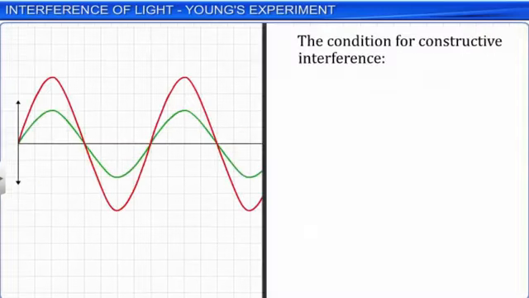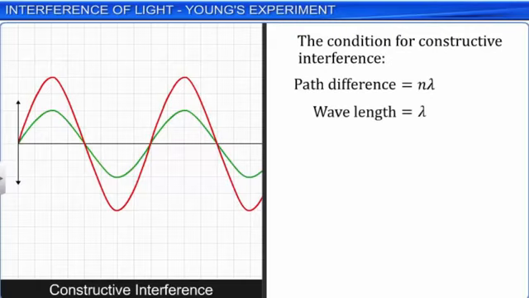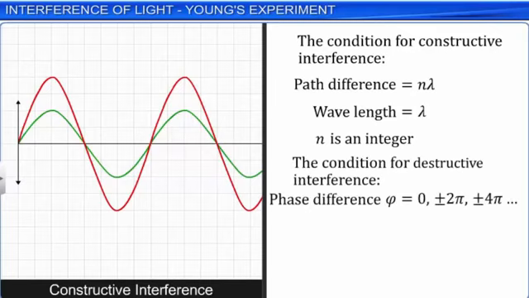You have already learned that for constructive interference, the path difference must be equal to nλ, where λ is the wavelength of light used and n is an integer. In terms of the phase difference, φ, the condition for constructive interference is given by φ equal to 0 or ±2π or ±4π and so on.